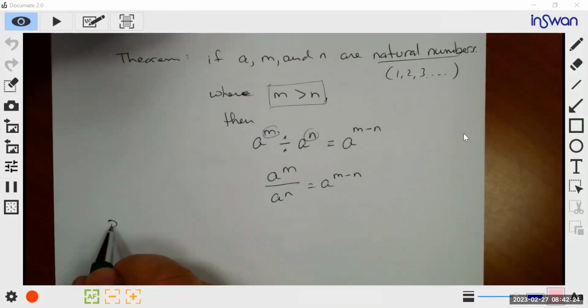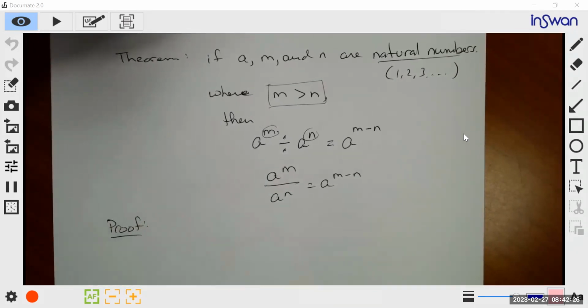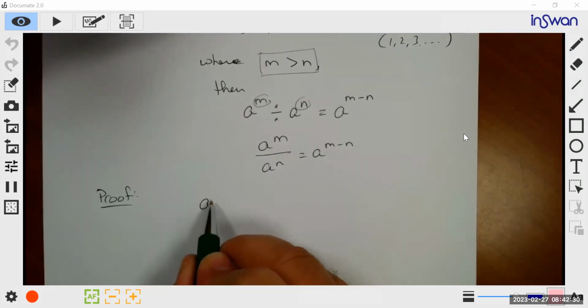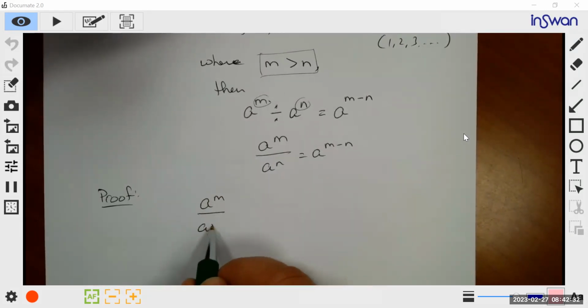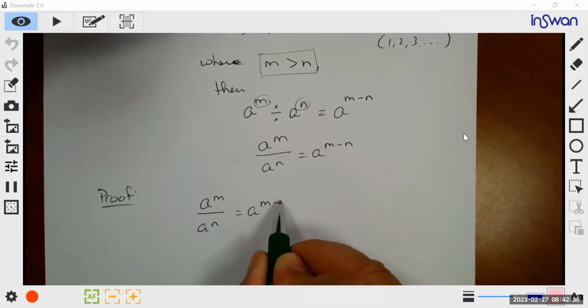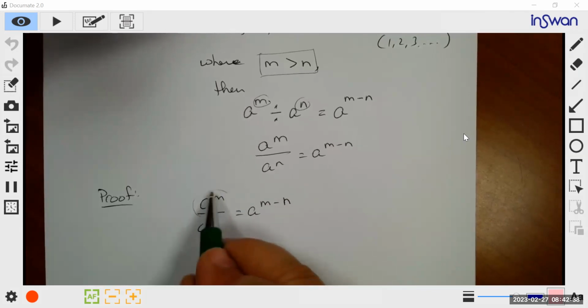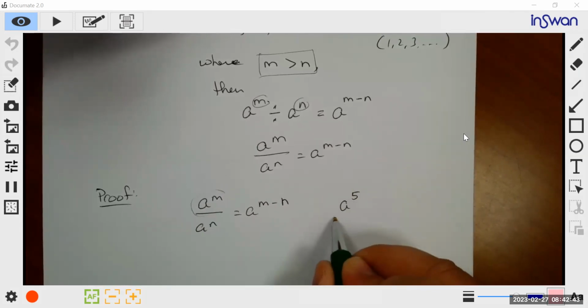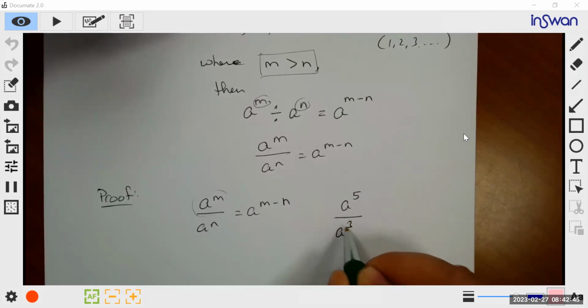Here's a proof. Let's go ahead and prove this theorem. So let's look at A to the 5th divided by A to the 3rd.